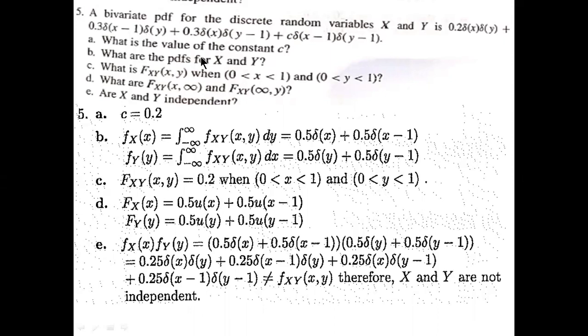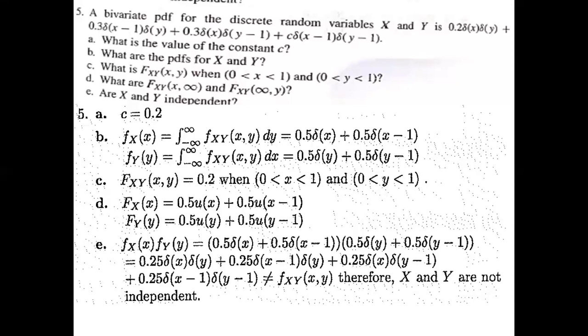Similarly, the PDFs for x and y can be written as f_X(x) equal to the integral of f_XY(x, y) dy with limits minus infinity to plus infinity. When you integrate this with respect to y, the δ(y) and δ(y−1) in all four terms will be equal to 1, because the integral of delta is equal to 1.